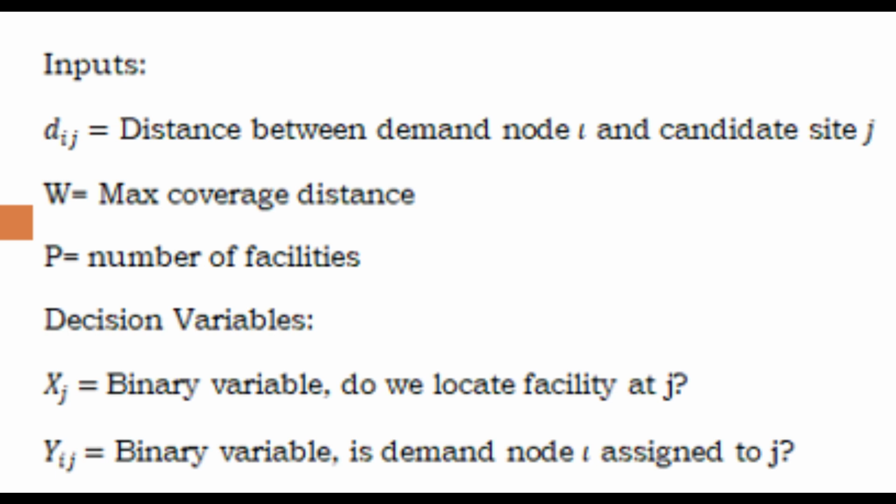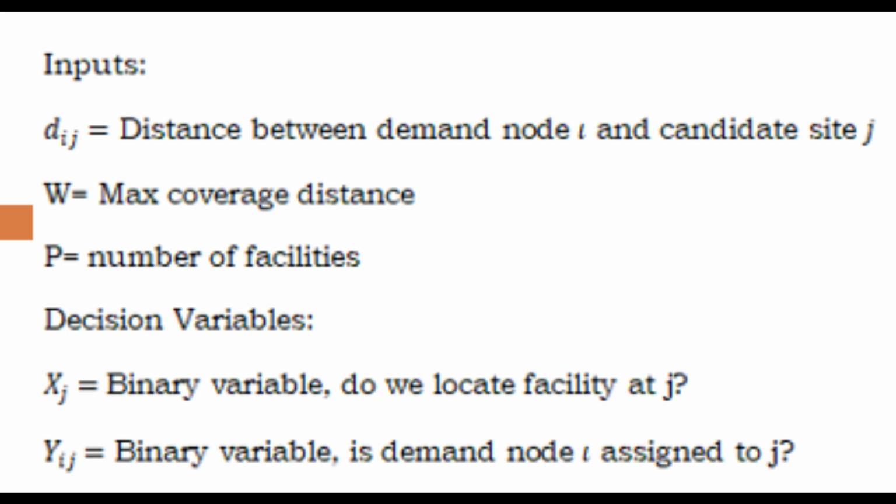We also have two decision variables: x sub j represents whether we locate a facility at location j, and y sub ij represents whether demand node i is assigned to j. We also have W, which is defined as the maximum coverage distance.